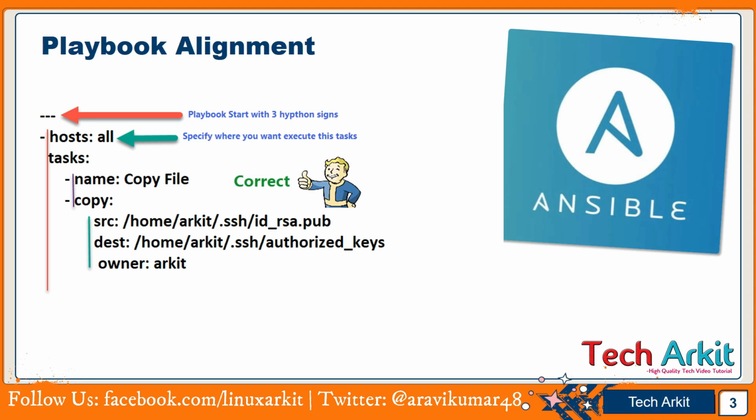For example, if you want to execute on all of the hosts, a few of the hosts, a few of the group servers, or only one server, you can specify that there, or you can also specify it outside of the playbook. In general you can write the playbook, then afterwards specify the inventory file and the group whenever you are executing the playbook, or you can also specify it in the playbook itself.